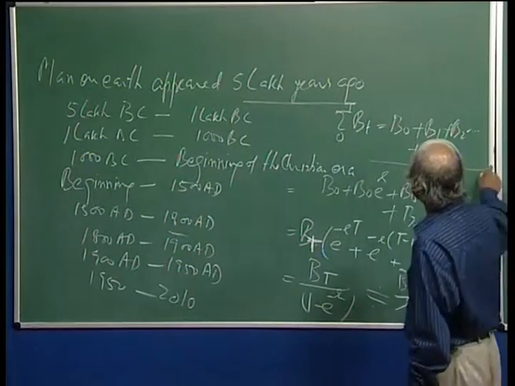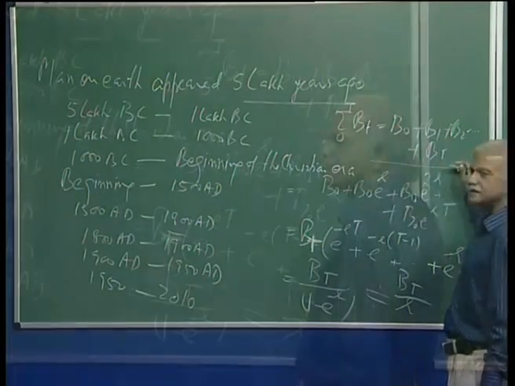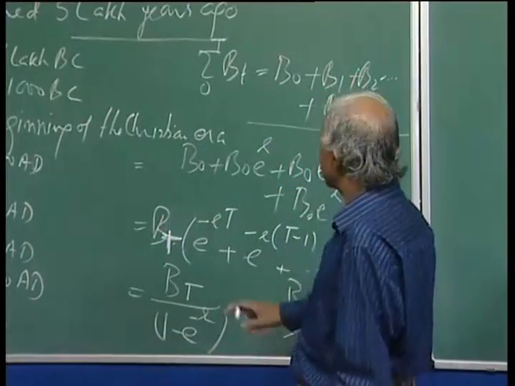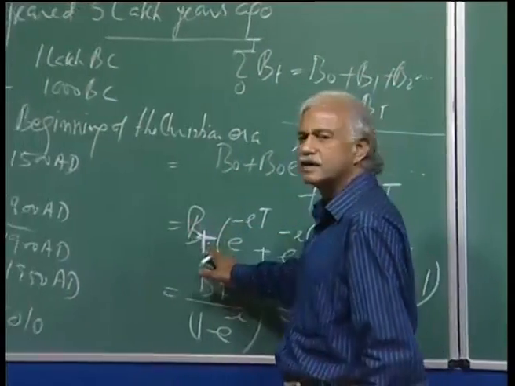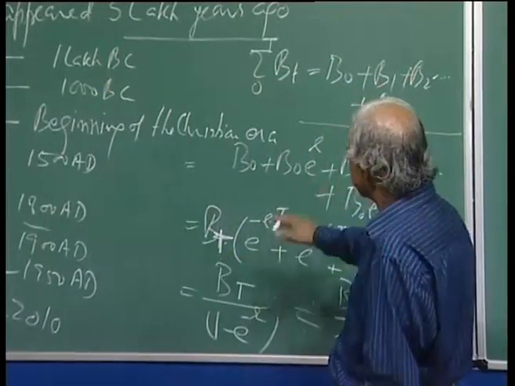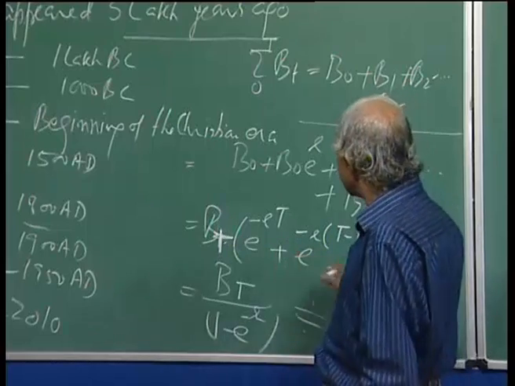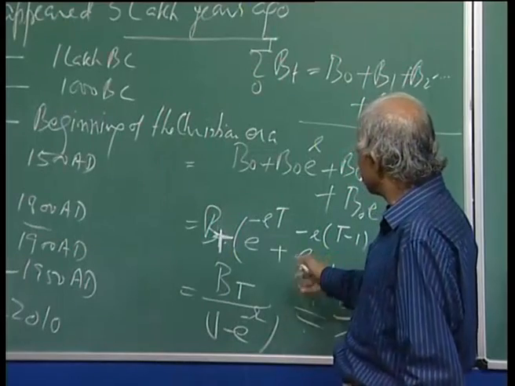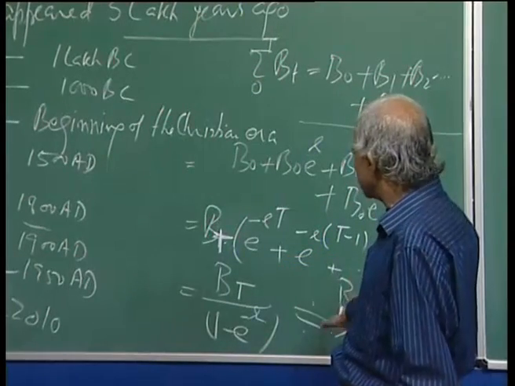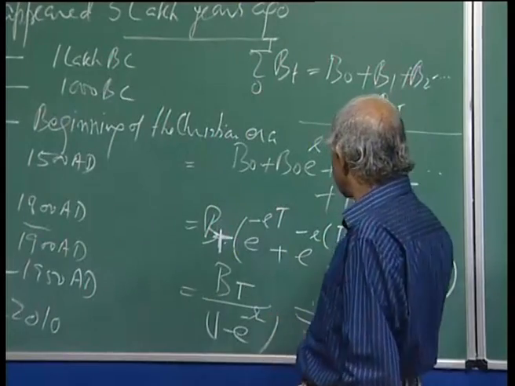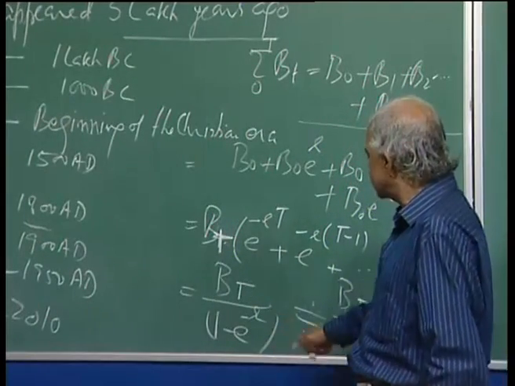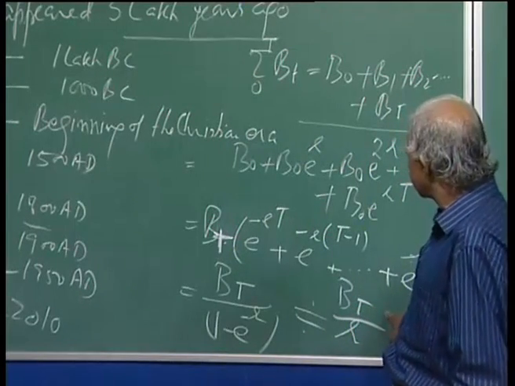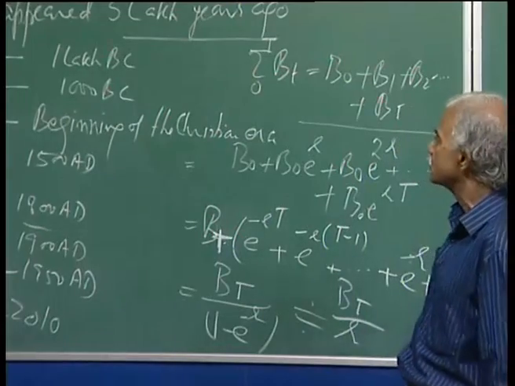Using this series, assuming that the births are increasing at exponential rate r per year, I can write like this, or I can start from B capital T, number of births in the final year, and write an expression like this. Now, this is a geometric series, and in this geometric series the ratio between two consecutive terms is less than 1. So, it can be written like this, and once I write like this, then the approximate value of this is simply births in the final year of the time period divided by rate of growth.